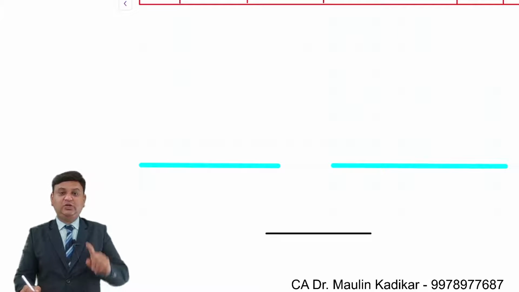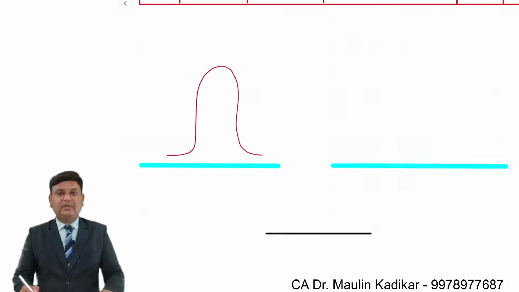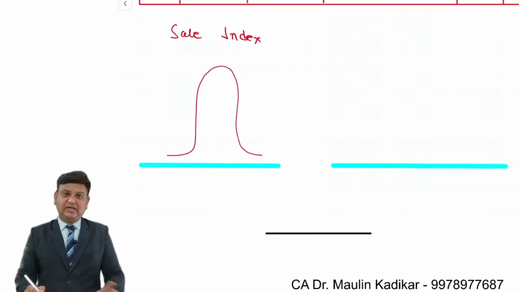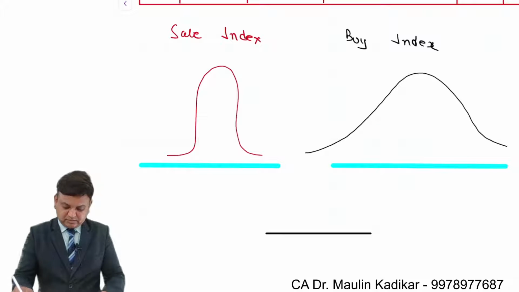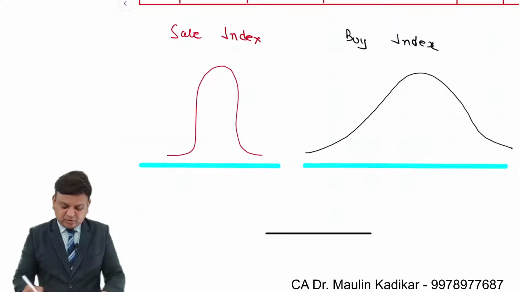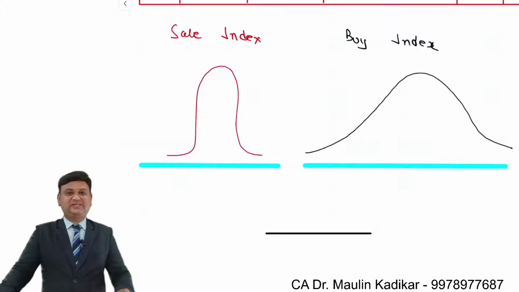In case you enter into the transaction for sale index futures, your volatility will be like this, because in one you are incurring a profit and in the other a loss and vice versa. And if you buy index, then you will have a spread like this. Basically this indicates a situation wherein in both you are making a profit or in both you are incurring a loss. This is what we understand.